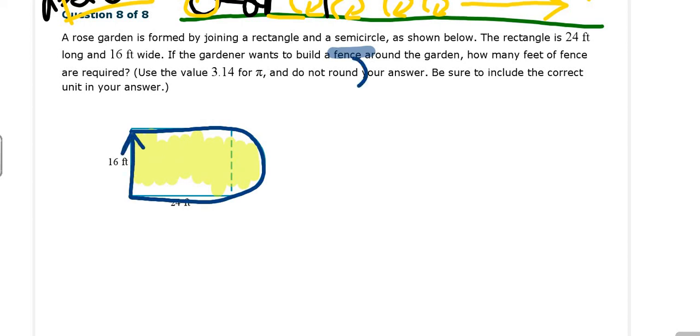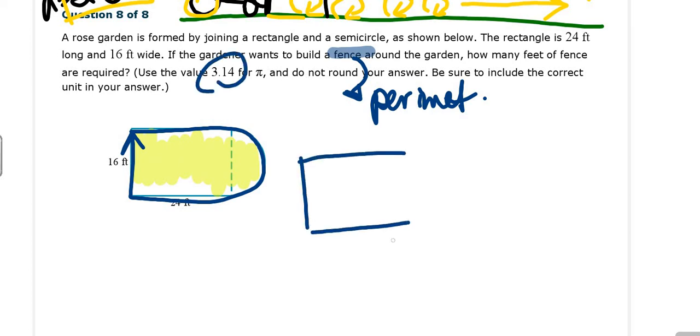So fence, by definition, is a concept of perimeter. How many feet of fence are required? Use 3.14. So the fence consists of this portion of the rectangle and this much of a circle put together.